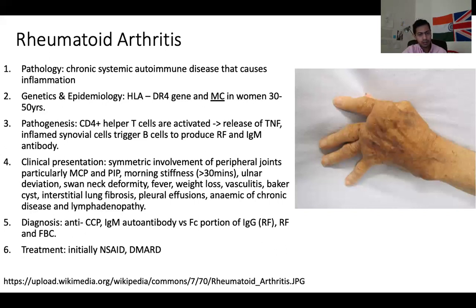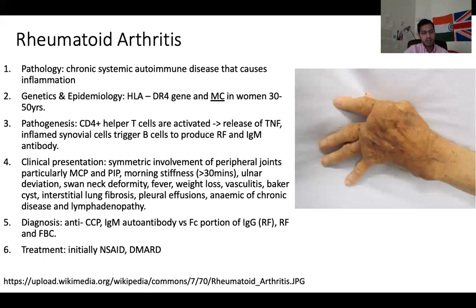So clinical presentation, as I mentioned, in osteoarthritis there's also some morning stiffness, but that morning stiffness tends to continue throughout the entire day. The morning stiffness in rheumatoid arthritis is usually between 30 minutes and 60 minutes, and it usually resolves after usage of our hands or any joint that is affected.